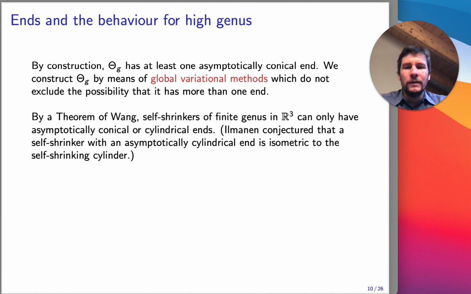So every other self-shrinker should only have asymptotically conical ends. But even if that conjecture of Ilmanen is true, there's no way we can currently rule out that the self-shrinkers we obtain have additional conical ends. So that would only mean that there are no cylindrical ends.